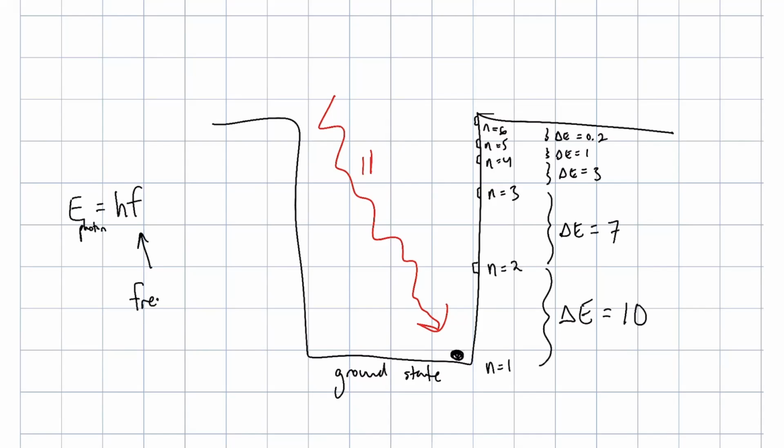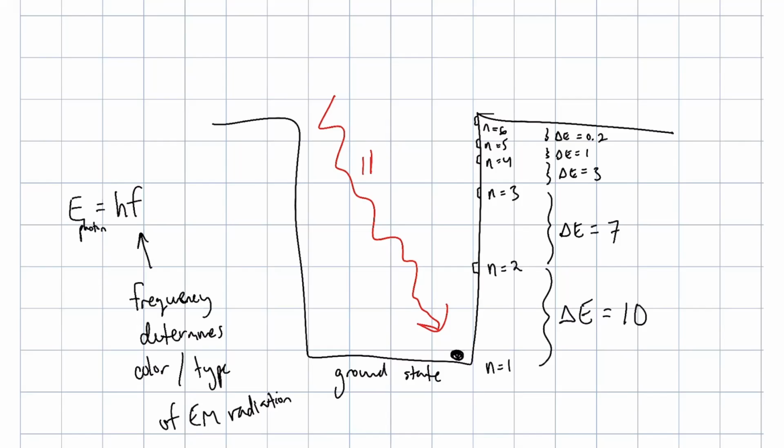And the frequency determines the color or type of electromagnetic radiation. So the frequency of the light ray is going to determine whether it's ultraviolet or infrared or microwave or radio wave or gamma or X-ray or visible light. And again, there are only very specific colors that can get the electron to jump between these energy levels.